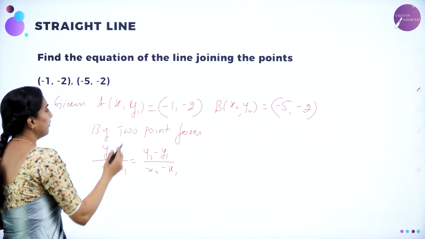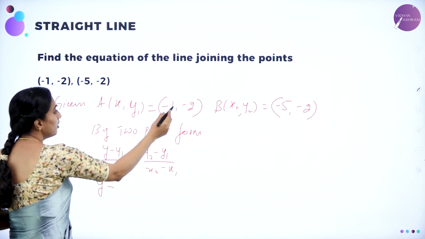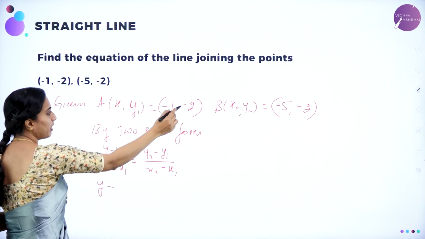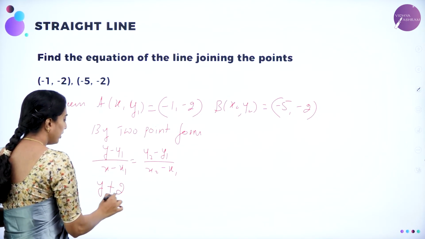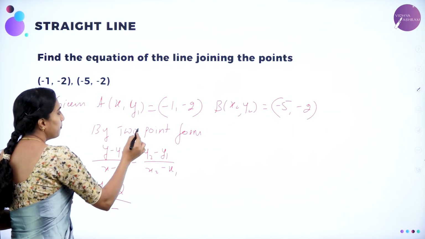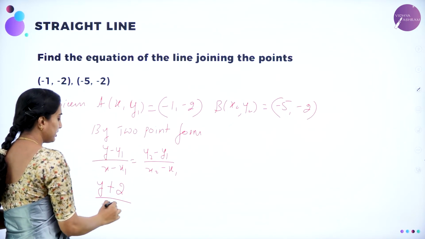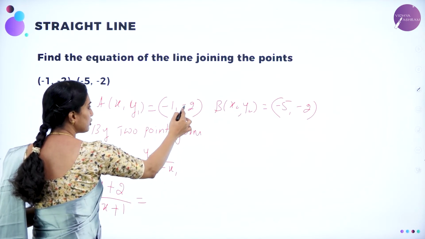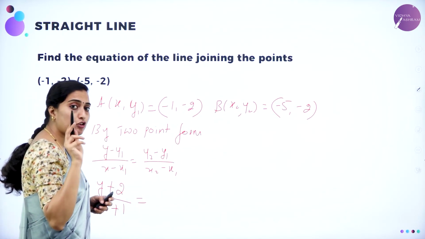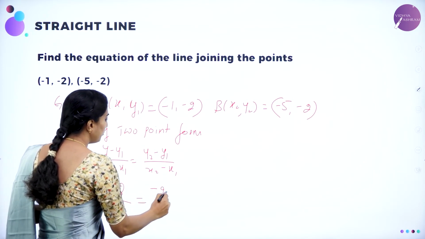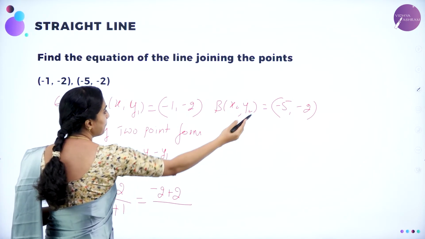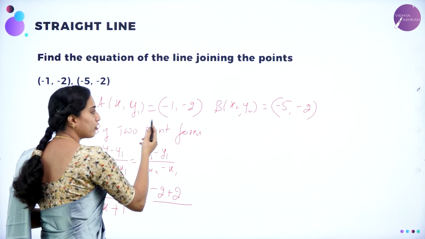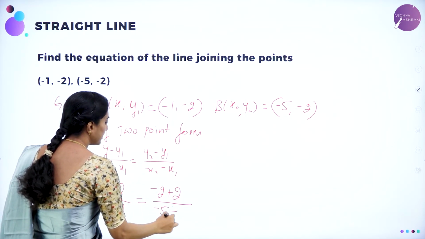Now y minus y1 is y minus of minus 2, which becomes plus 2, divided by x minus of minus 1, which becomes plus 1, is equal to y2 minus y1, minus 2 minus of minus 2, which is minus 2 plus 2, divided by minus 5 minus of minus 1, minus 5 plus 1.